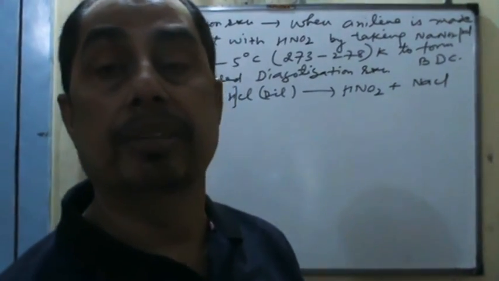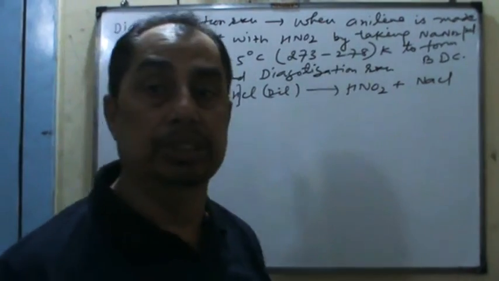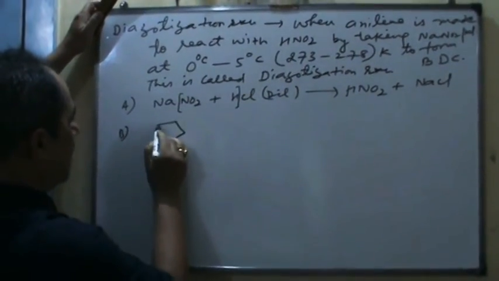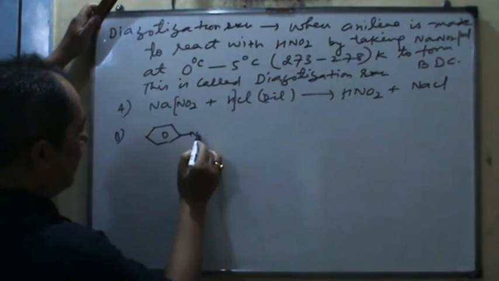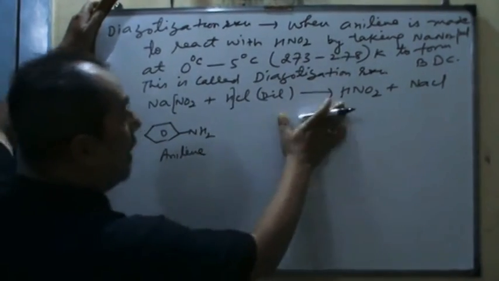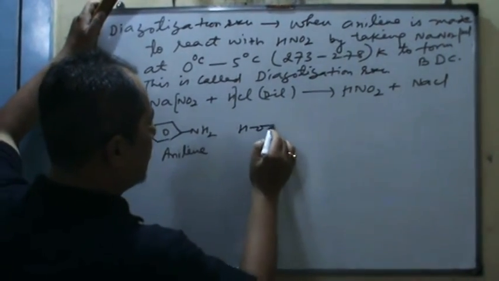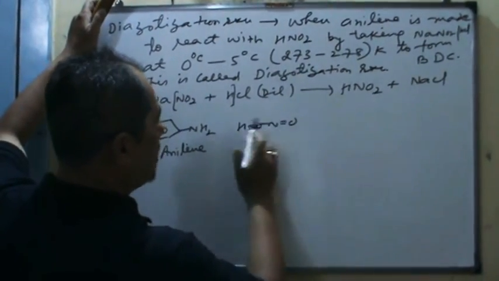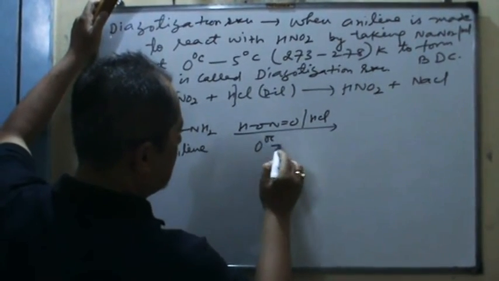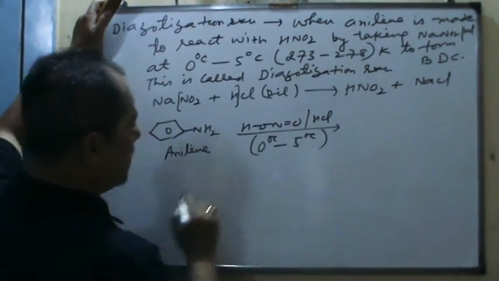There we take the reaction mixture in situ. The second part is, you take aniline, C6H5NH2, and then you take nitrous acid, HNO2, in presence of HCl, 0 degrees Celsius to 5 degrees Celsius.